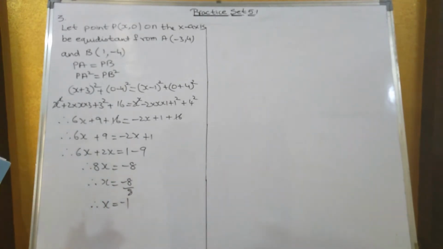So we have got the value of x equal to -1. So the point on the x-axis, we'll write down the answer.